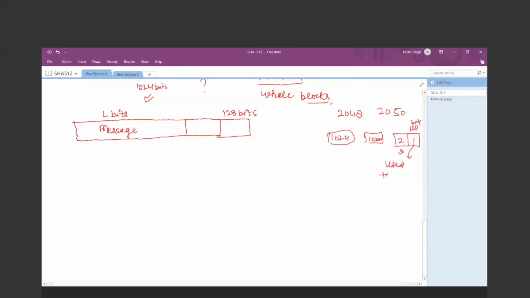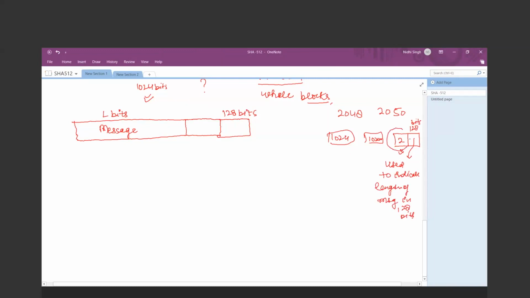It is used to indicate the length of the message in 128 bits. Now in the remaining space, you have to apply the padding. What is the remaining space?